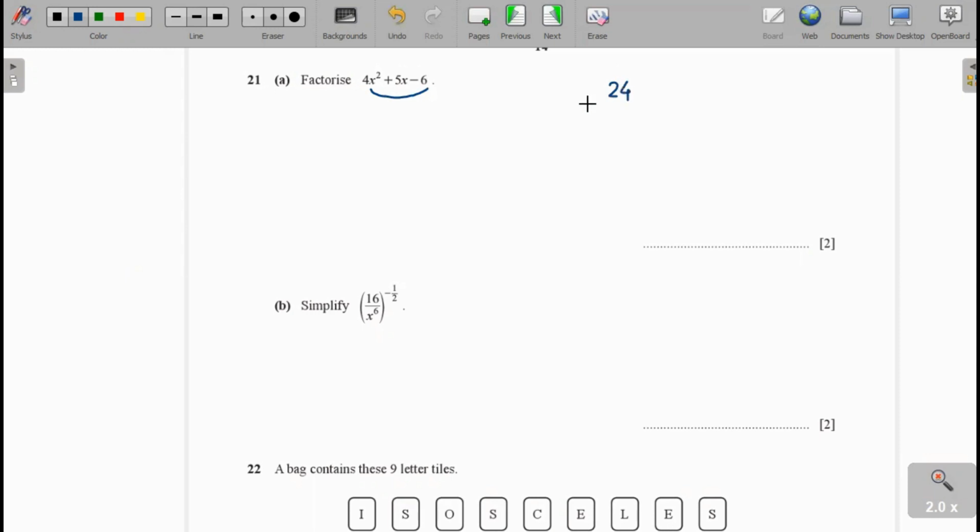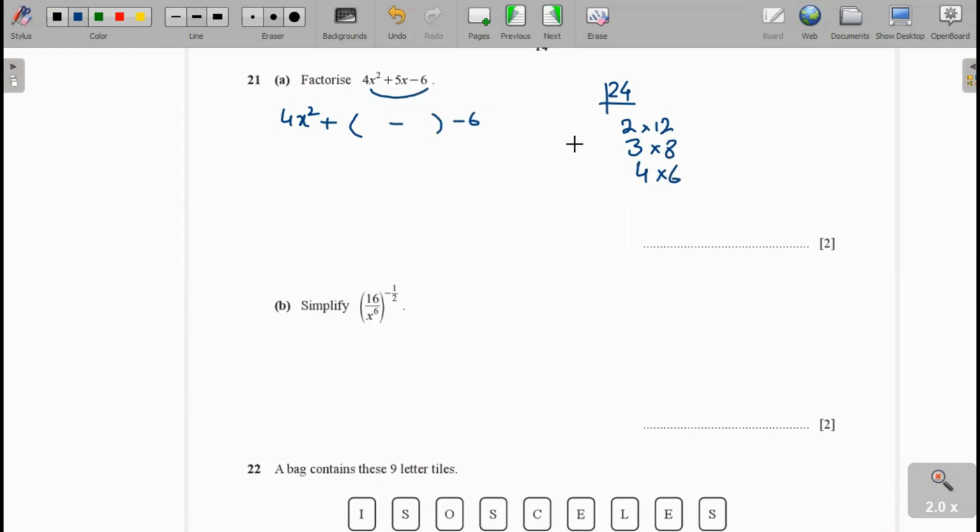Now we write 4x squared as it is, plus a bracket, and minus 6. We make the factors of 24. Now the factors of 24 are 2 times 12, 3 times 8, and 4 times 6.